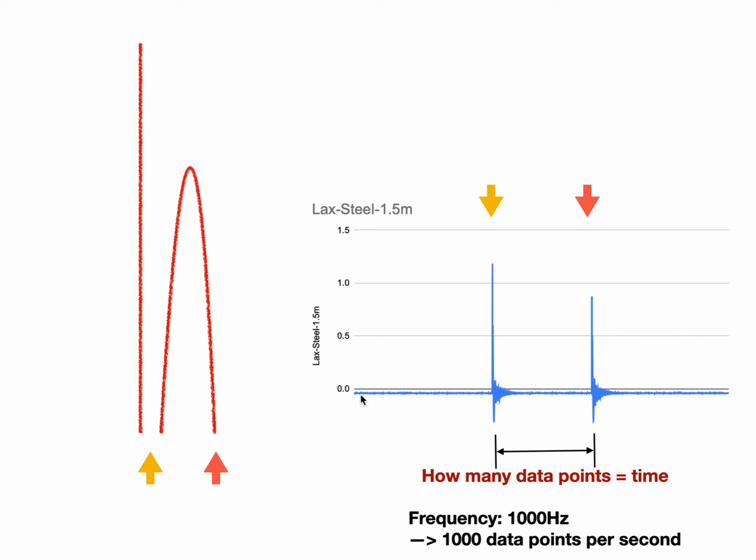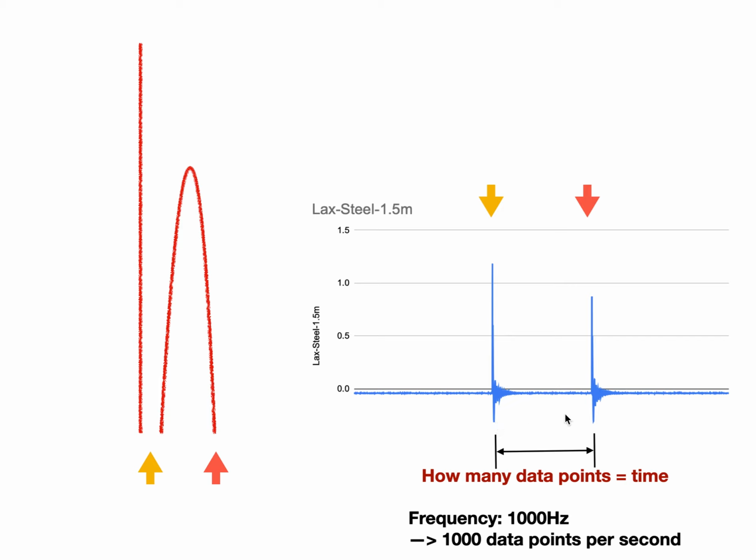So the ball drops, and it hits the force plate at this instant. So there's a peak on the force plate. And this peak, the yellow peak, happens here, right? And then the ball goes up. So there's nothing on the force plate. And then it hits the force plate again, here on the orange arrow.